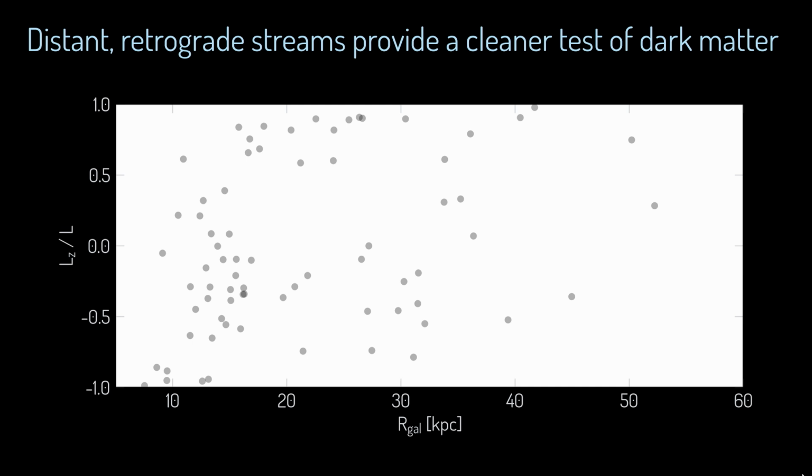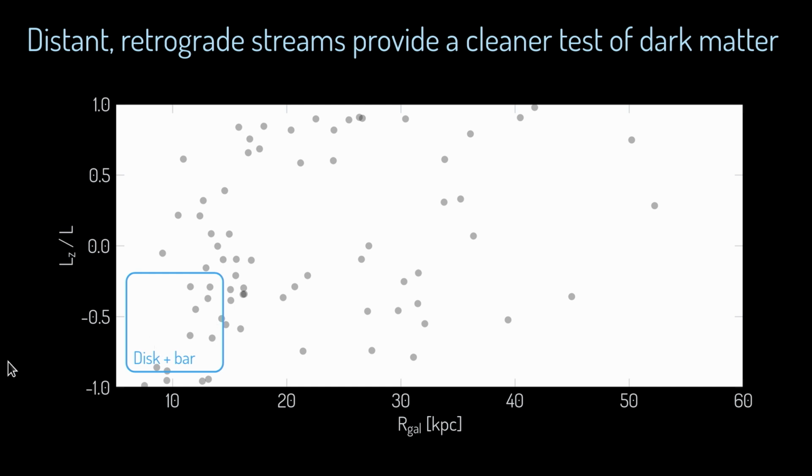The plot I'm showing here shows the streams with known orbits as a function of their galactocentric distance on the x-axis, and then the fraction of the angular momentum aligned with the Milky Way disk on the y-axis. The region that is influenced by the disk and the bar is here on the bottom. So the disk Lz is negative in these coordinates.